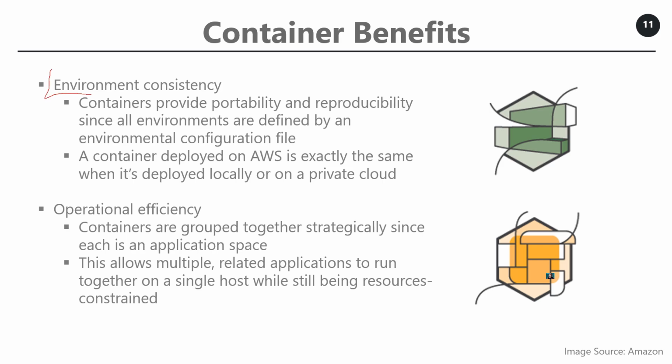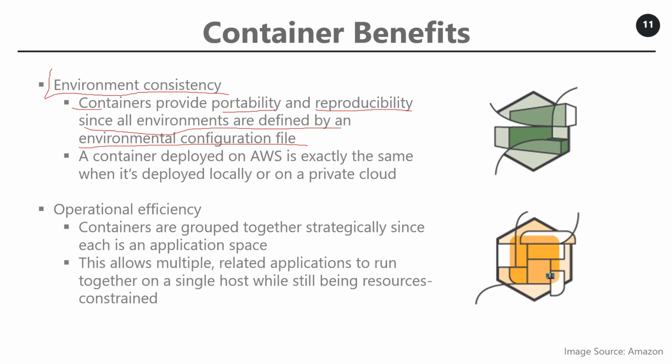So there is environment consistency. Containers provide portability and reproducibility. All environments are defined in an environment configuration file. When you run it, it doesn't matter on which machine or which OS, it comes from a config file.